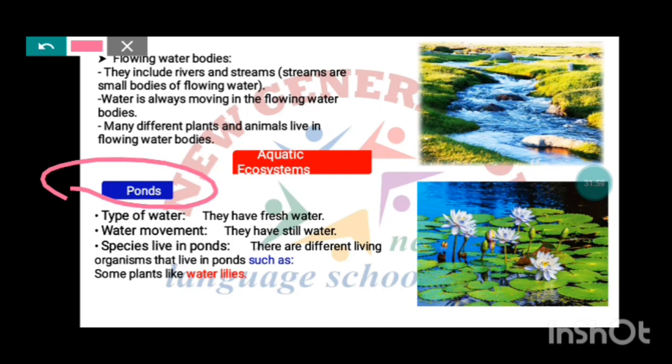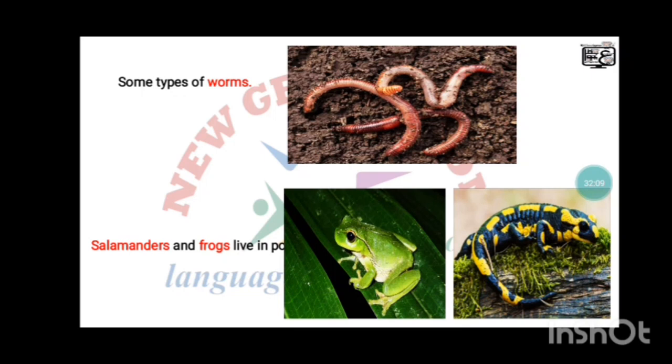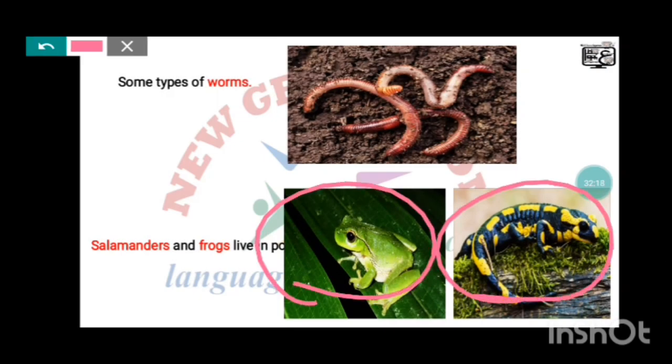Species that live in ponds, or living organisms, such as water lilies, some types of worms, salamanders and frogs. Okay.